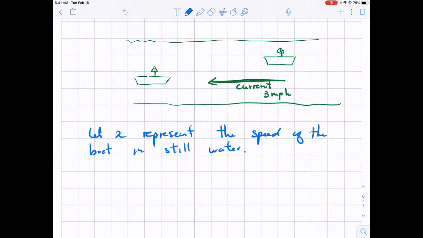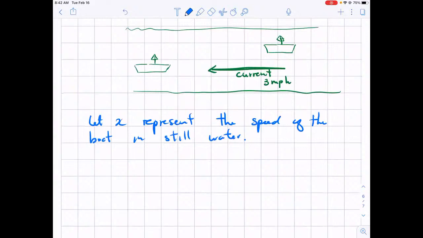Okay. Then if we do that, we can have, and we know that time is distance over the rate or the speed, right? We know the little formula d is equal to r times t.